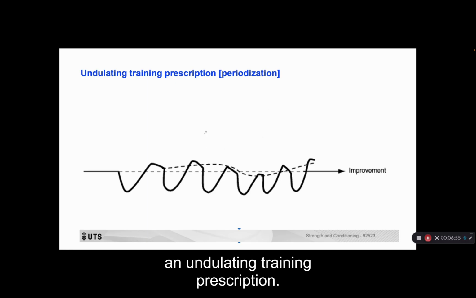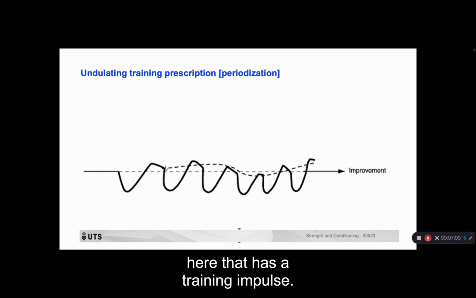This one here is an undulating training prescription. So this is doing a training session here that has a training impulse, maybe a slightly harder training session here, maybe an easier training here, maybe harder training sessions here and a harder one here.